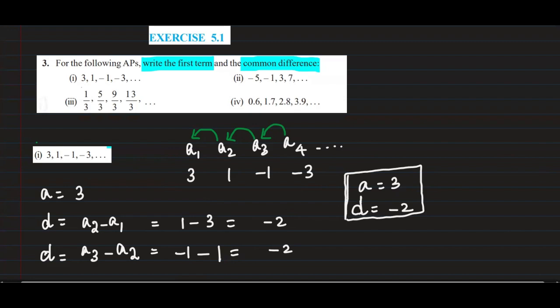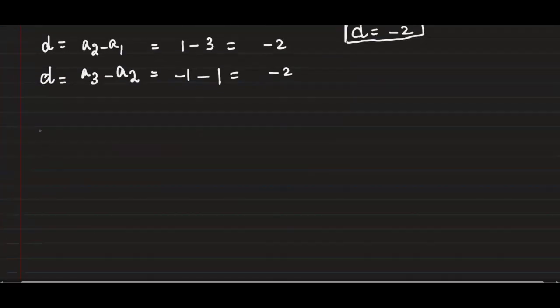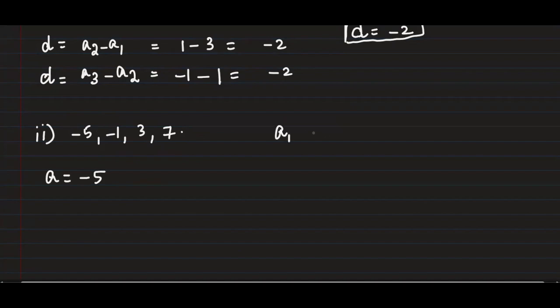So question number 2 is minus 5, minus 1, 3 and 7. So A value here is minus 5, which is the first term. Now we will see how to find the value for D. So A1 is minus 5, then minus 1, then 3, then 7.